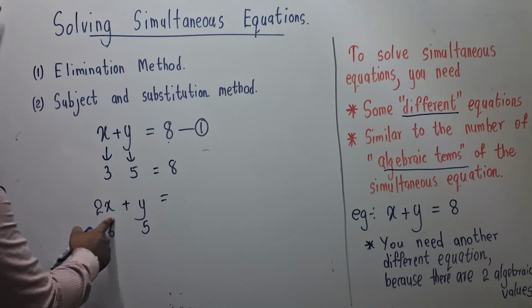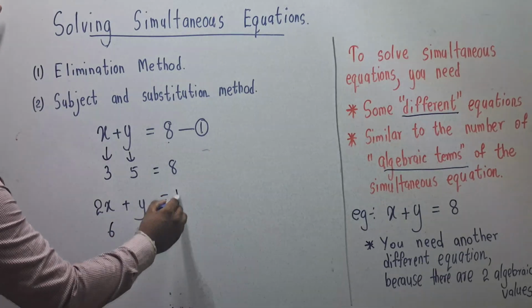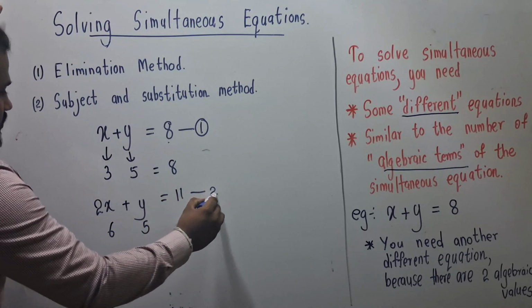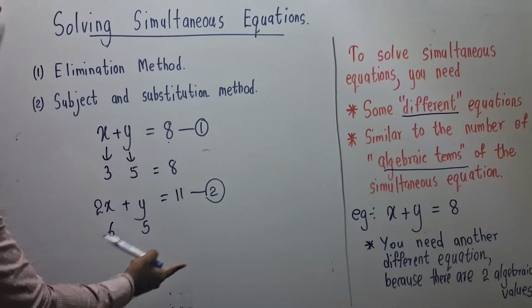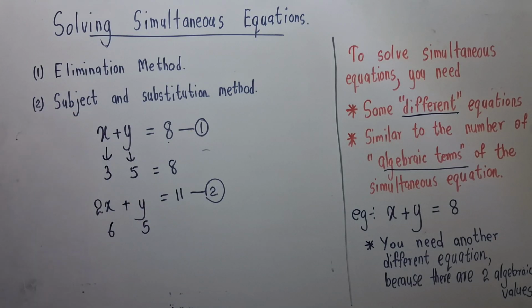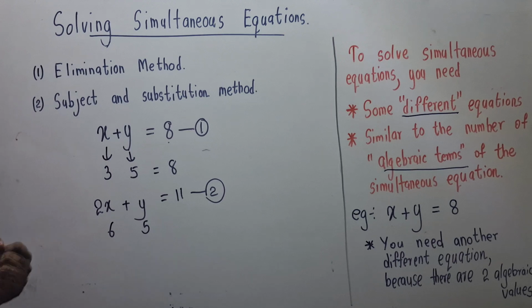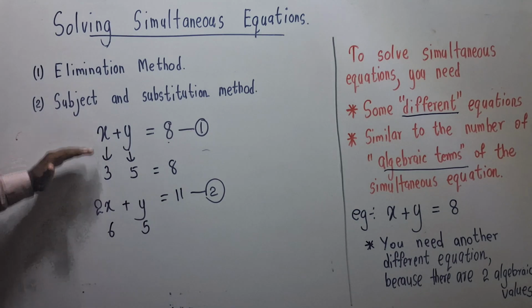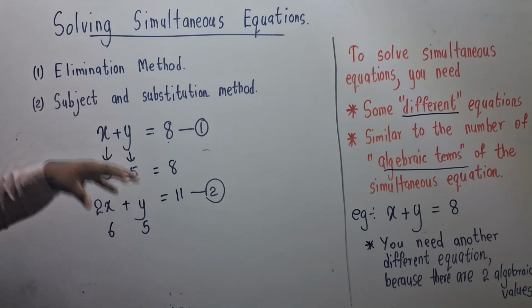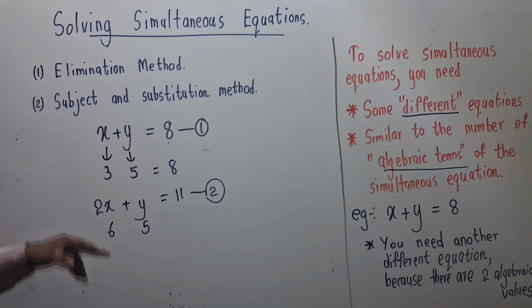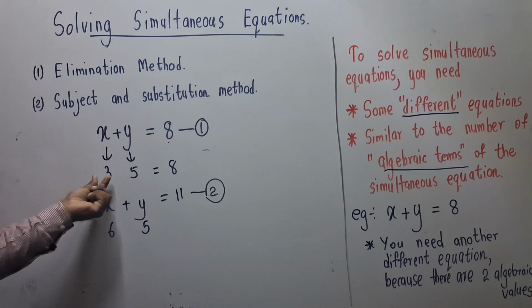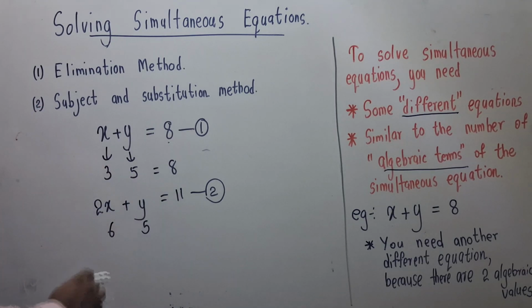What's the value of 2x plus y? 6 plus 5, 11. Now this equation I got is different from the first equation. Why is that? Because they have no common factors. Now using these two equations, I can solve and get the answer I thought previously, 3 and 5.